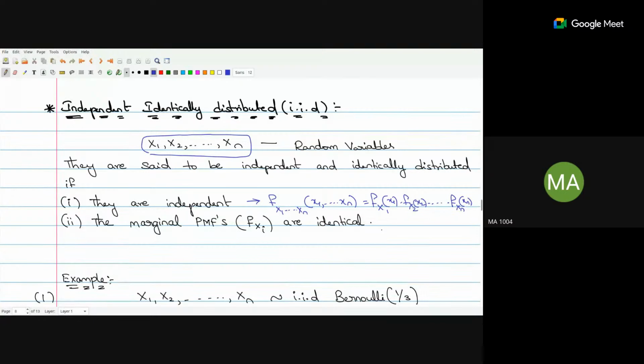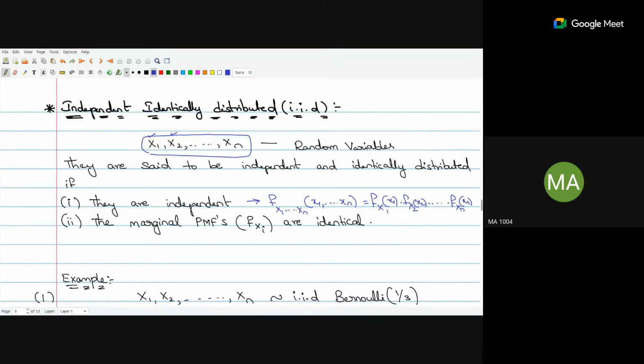This holds true for multiple random variables also. I didn't discuss that, but it is true for multiple random variables also. So when I say they are independent, that means their joint is equal to the product of marginals. So independent identically distributed random variables must be independent is one point. And the next point is they are identically distributed. Identically distributed means the marginal PMFs are identical. So if I compute the marginal PMFs of x1, x2 to xn, all of them have identical distribution.